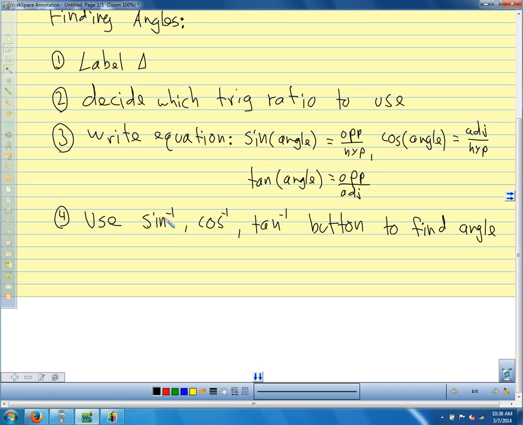So this sine minus 1, cosine minus 1, tangent minus 1, we call that the inverse sine, the inverse cosine, or the inverse tangent. Rather than telling us the side, it tells us the number. Rather than telling us the ratio, it tells us the angle. So inverse sine, inverse cosine, inverse tangent tells us an angle.